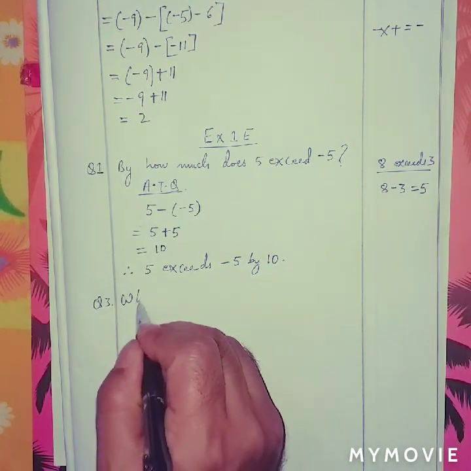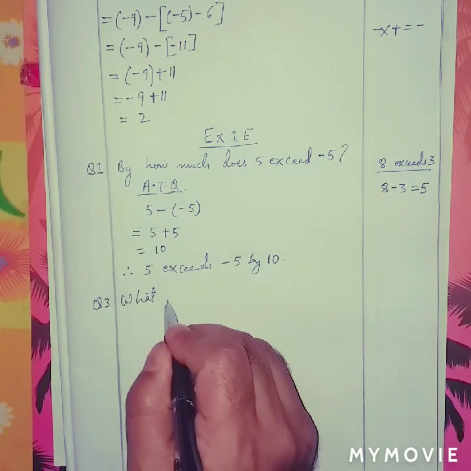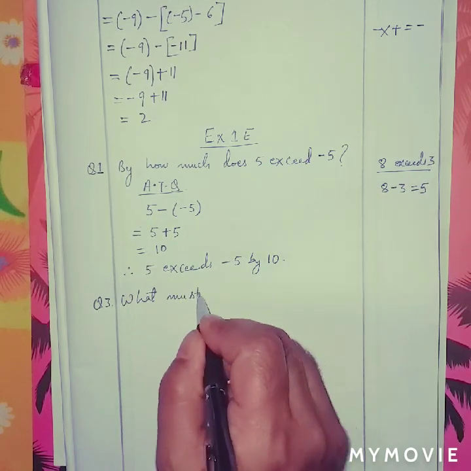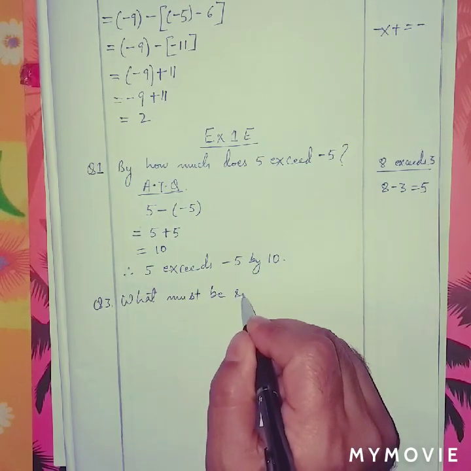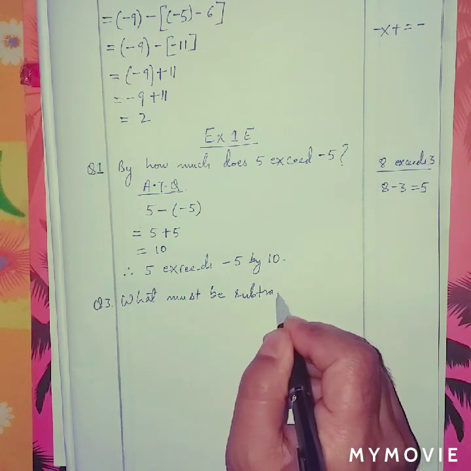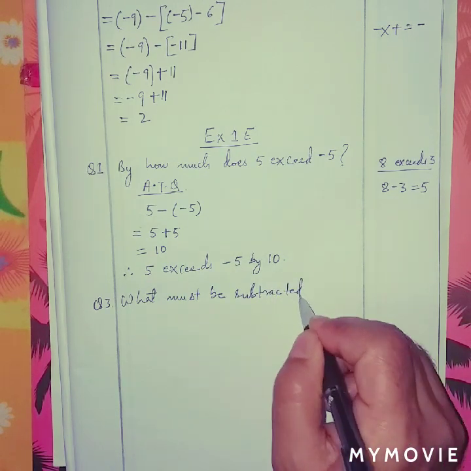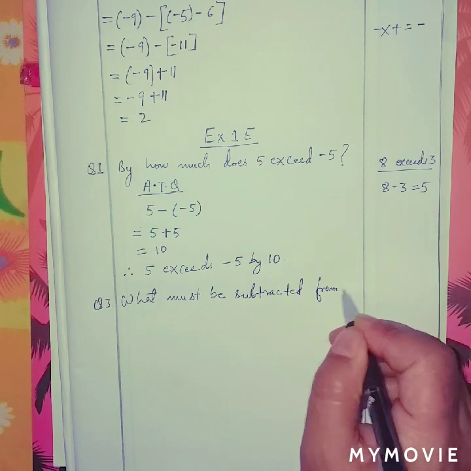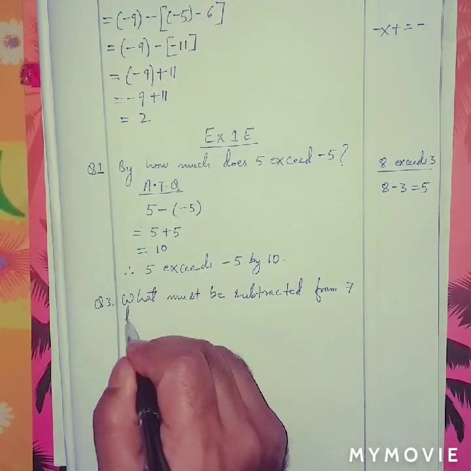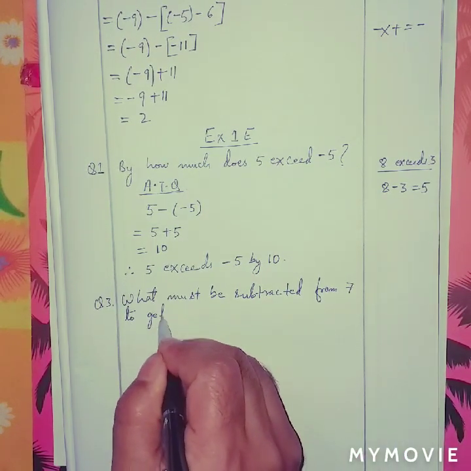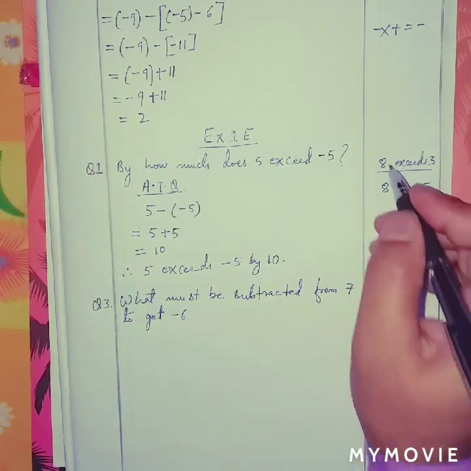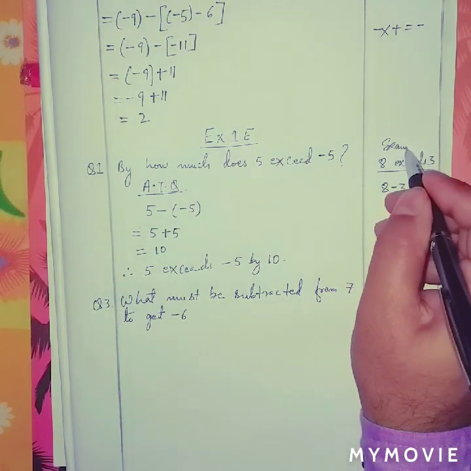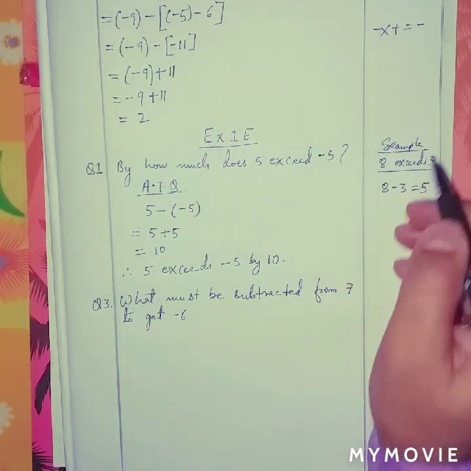Now question number 3 I am doing for you people. What must be subtracted from 7 to get minus 6? This one is as an example.